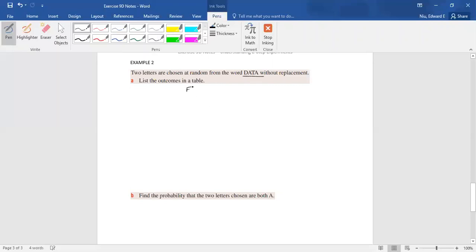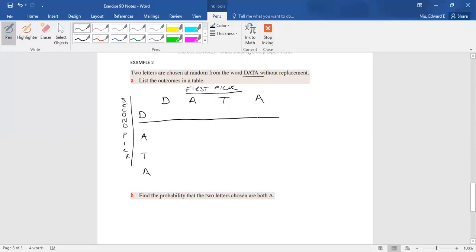So we've got first pick and second pick. The letters are D, A, T, and A.